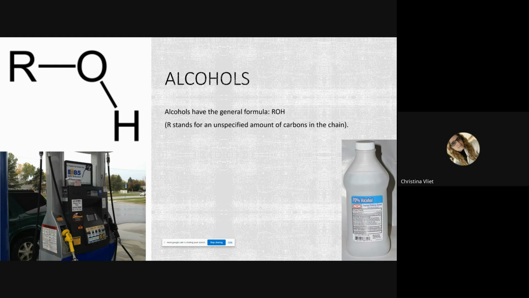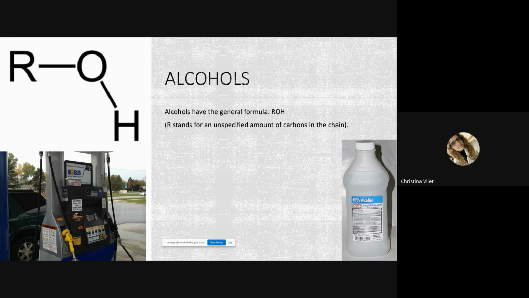We always start with this one because it should be familiar to most of us. Most people have heard in their life that alcohol exists in different forms. There's rubbing alcohol that we use for scrapes and cuts. There's ethanol that's used in fuel at the gas station, and then there's drinking alcohol, which is in wine and beer.